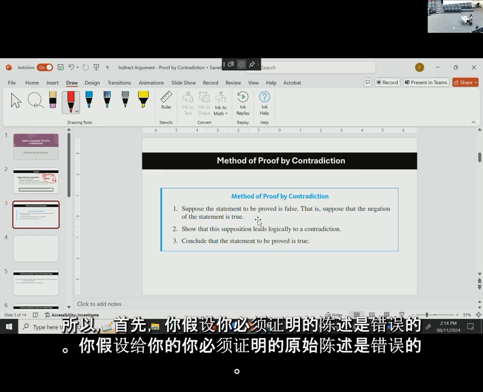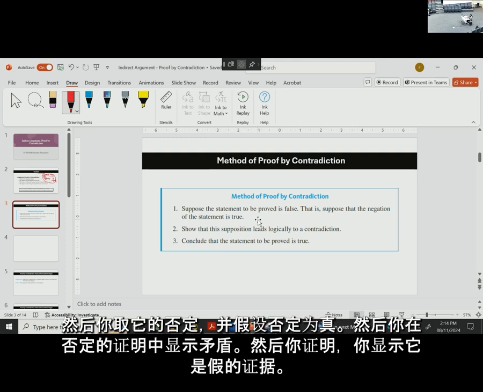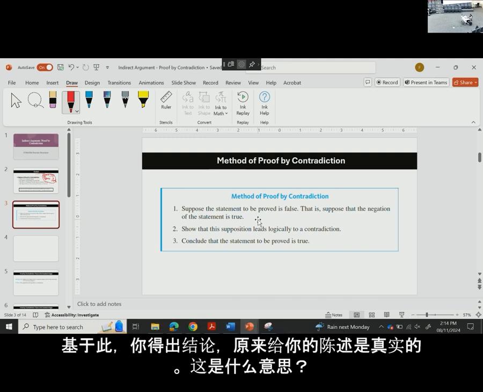You suppose the original statement that is given to you to be false, and then you take its negation and you suppose that negation to be true. Then you show a contradiction in the proof of the negation, and then you show the proof for it to be false. And based on that, you conclude that the original statement that is given to you is true.